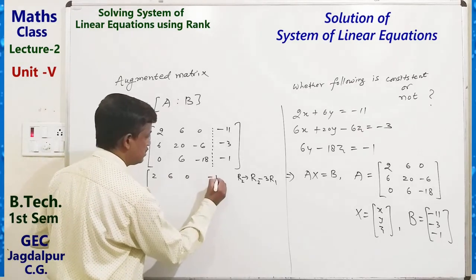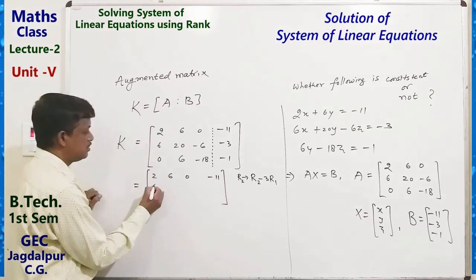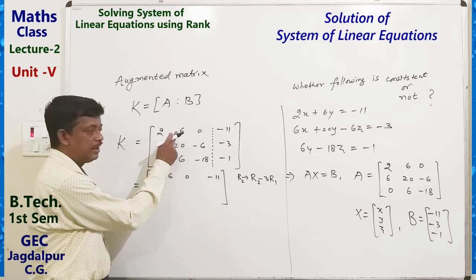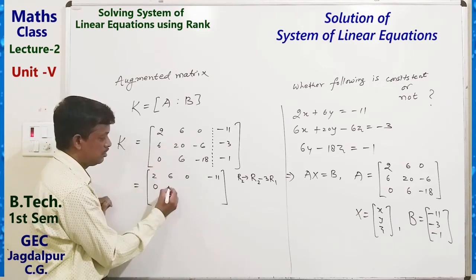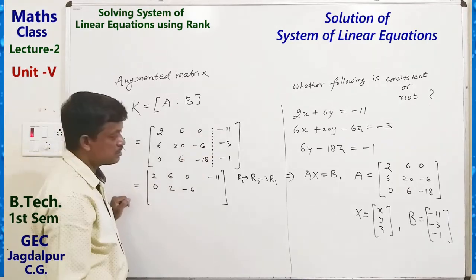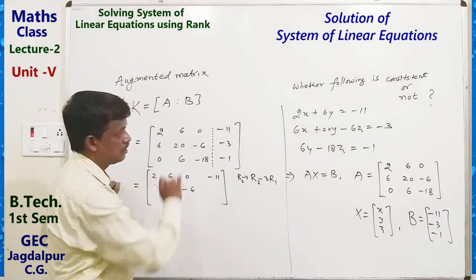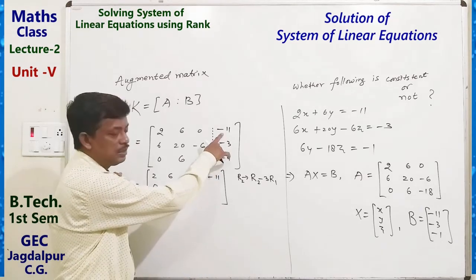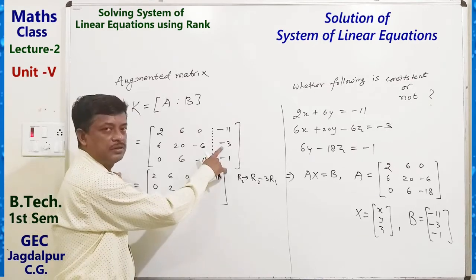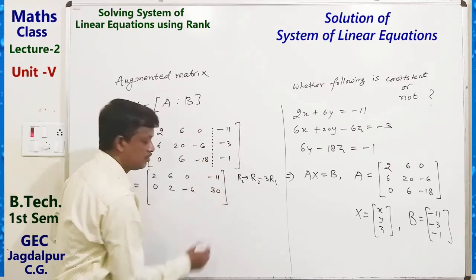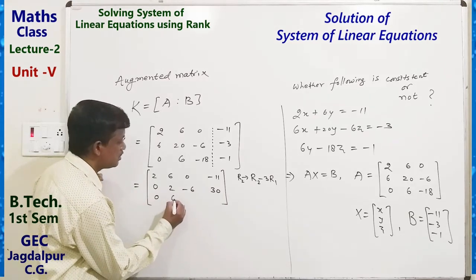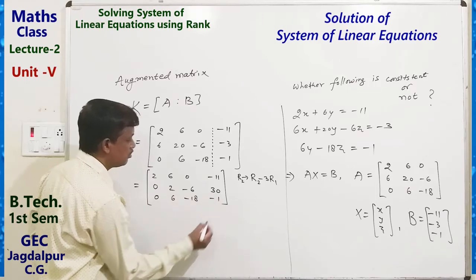Here 0. 6 minus 6 is 0. Here 18 minus 2 is 20, so 2. Here minus 6. Here multiply by 3, minus 33, subtracted from here, 30 plus 33. And here 0, 6, minus 18, minus 1.